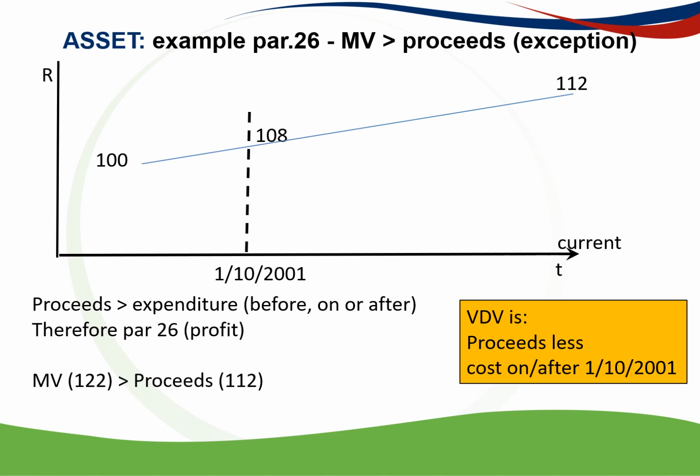There were no costs incurred in this example on or after 1 October 2001, so the valuation date value is calculated as 112 minus 0, that equals 112.